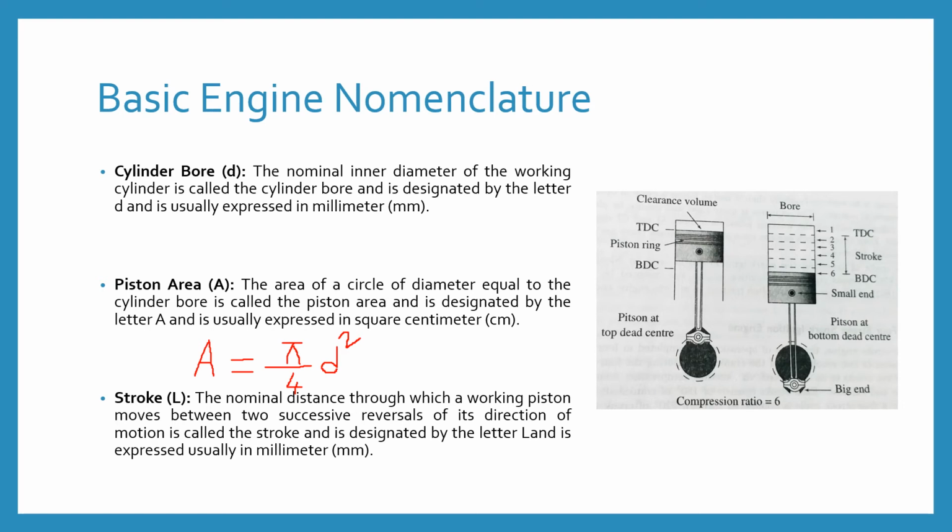This is the formula for the area of a circle. In this way we can find out the piston area, and the unit should be centimeter square.